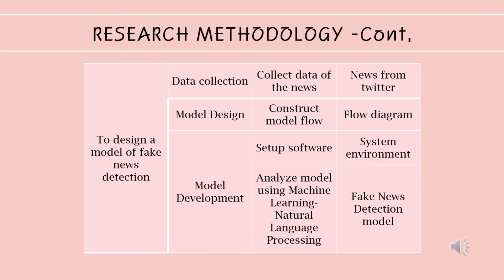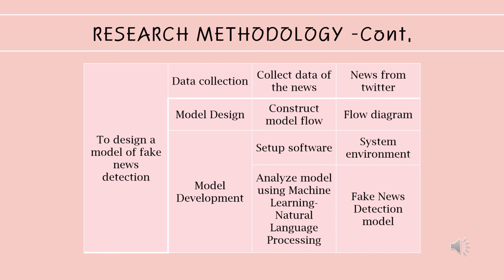The second objective is to design a model of fake news detection. There are three phases in the objective. The first phase is data collection. The activity for this phase is to collect data of the news. The deliverable is news from Twitter. The second phase is model design. The activity of this phase is to construct the model flow.